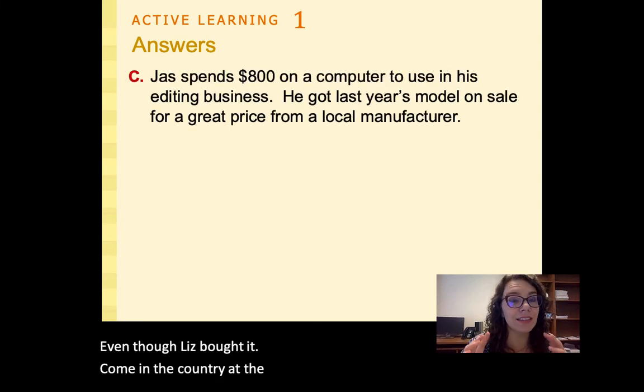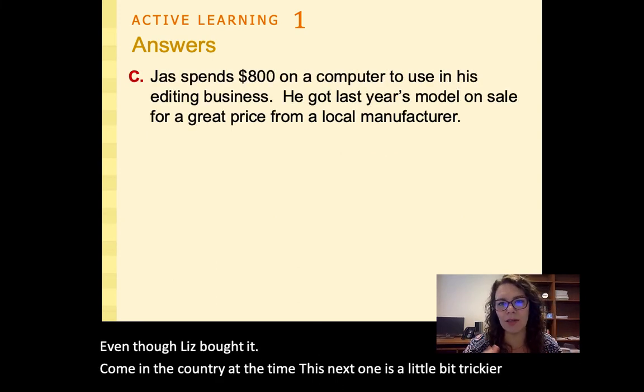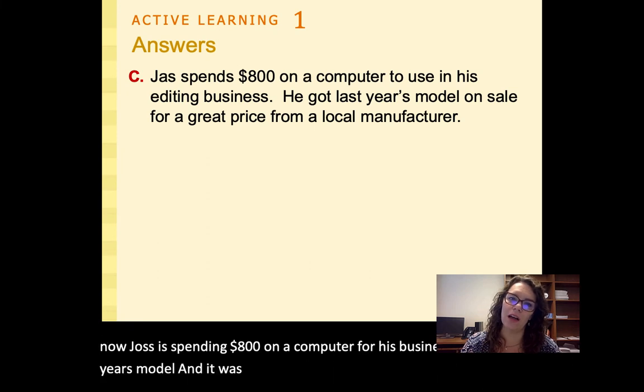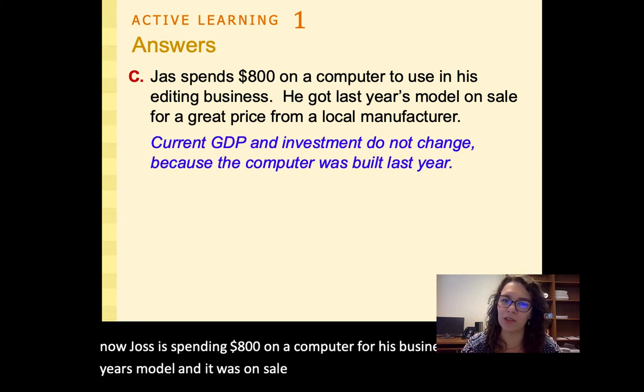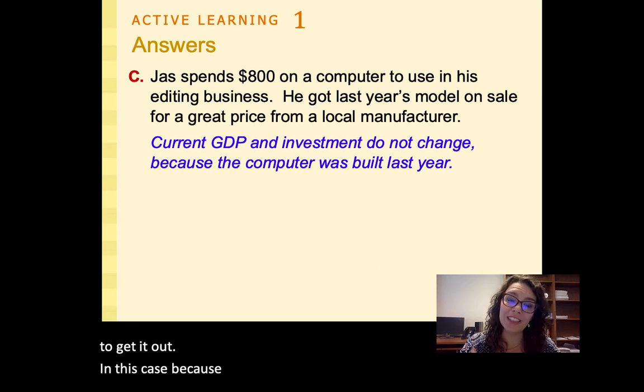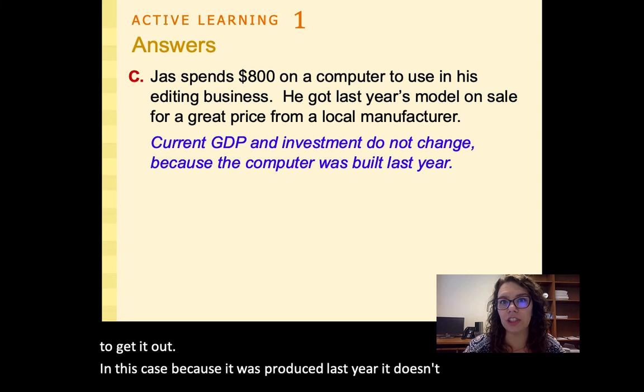This next one is a little bit trickier. Now Joss is spending $800 on a computer for his business, but it's last year's model, and it was on sale because the local manufacturer was trying to get it out. In this case, because it was produced last year, it doesn't count toward this year's GDP.